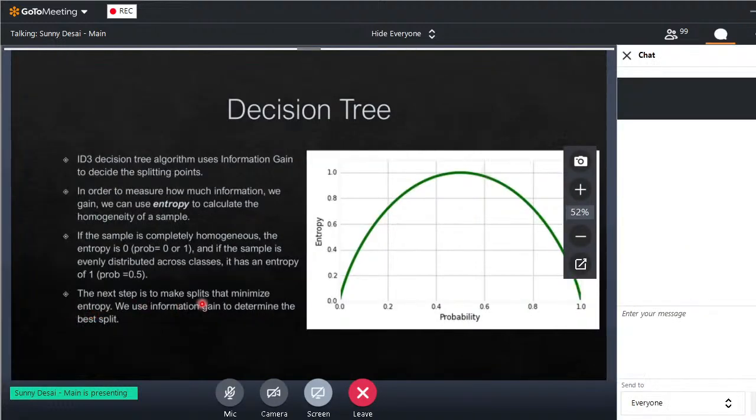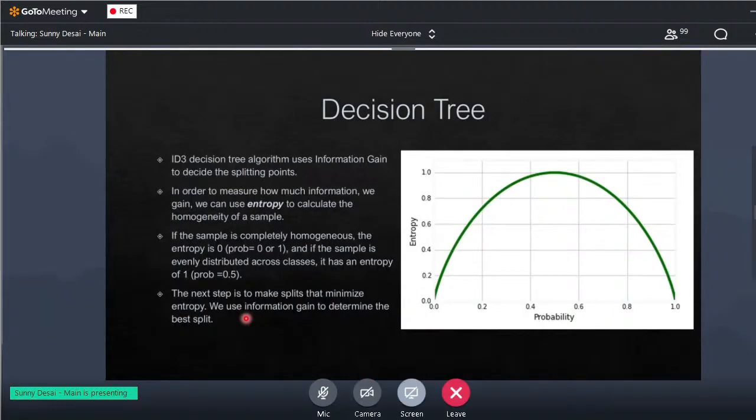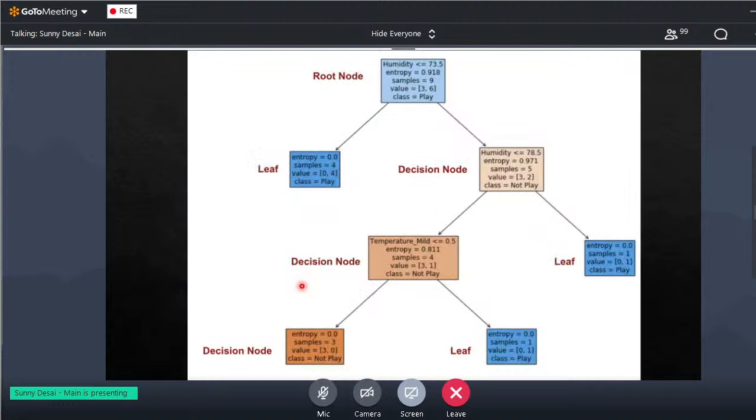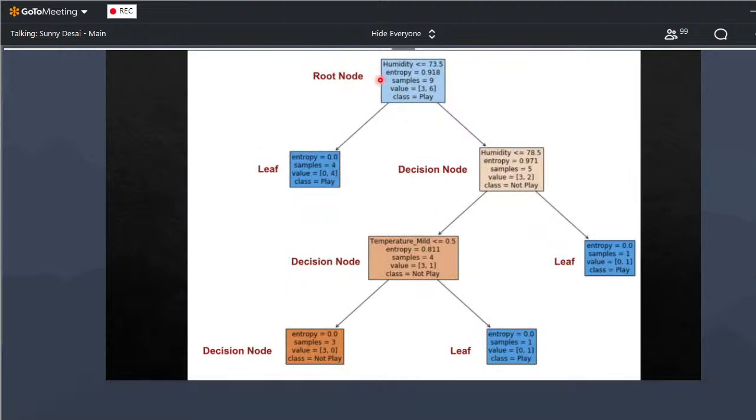Okay. So the next step is to make the split that minimizes entropy. From here, let's take the next example. So here we have taken an example of the root node, the same problem, where we start splitting with humidity. We see here that the root node is humidity, what the entropy is, and what the different leaf nodes are.